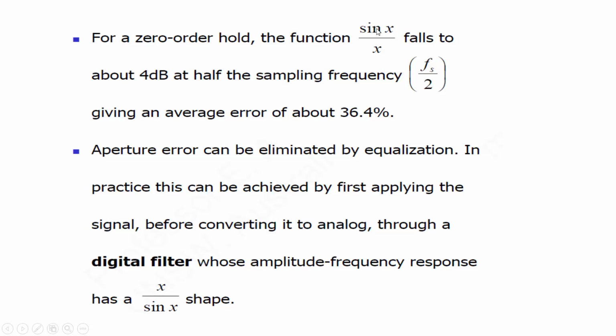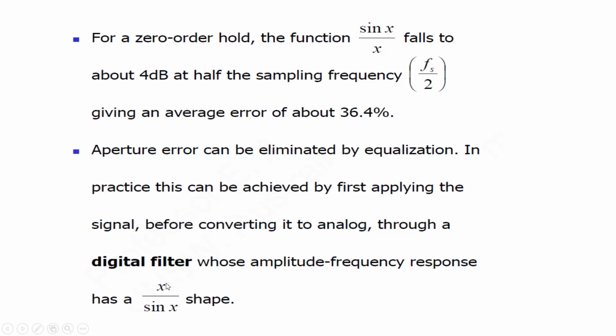This sin x by x type of distortion is known as the amplitude distortion or aperture error. Now, this aperture error can be eliminated by equalization. In practice, this can be achieved by first passing the signal, before converting it to analog, through a digital filter whose amplitude frequency response has an x by sin x shape, so that it is just the reverse of this distortion.